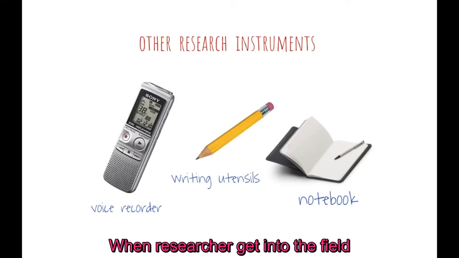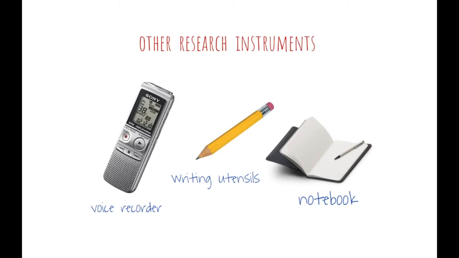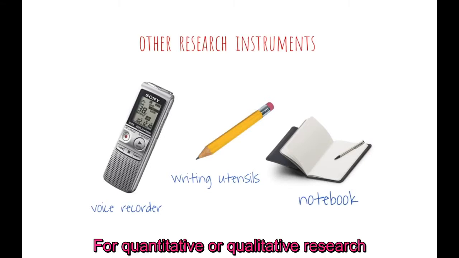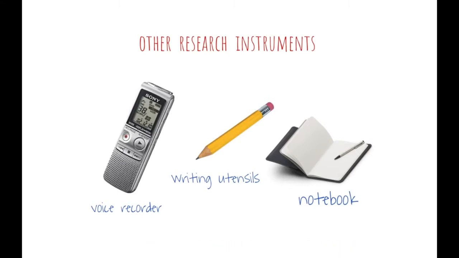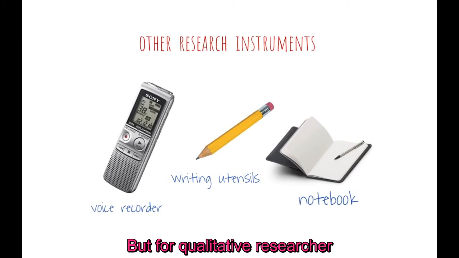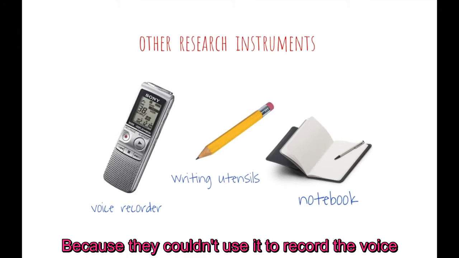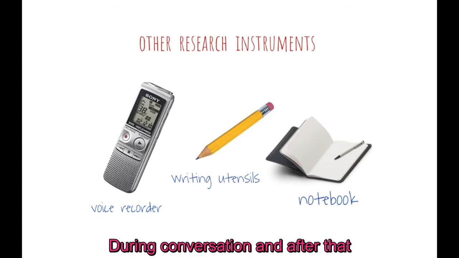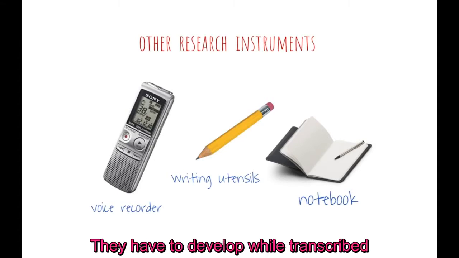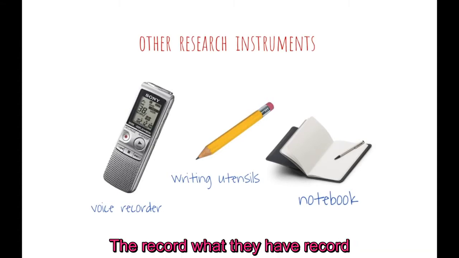When researchers get into the field, whether quantitative or qualitative, the qualitative researchers need voice recorders to record their conversations. After that, they have to transcribe what they have recorded.